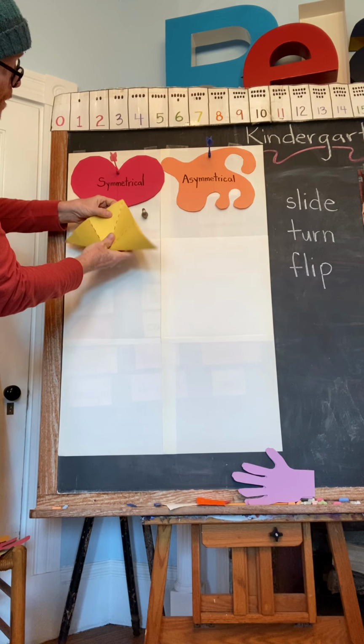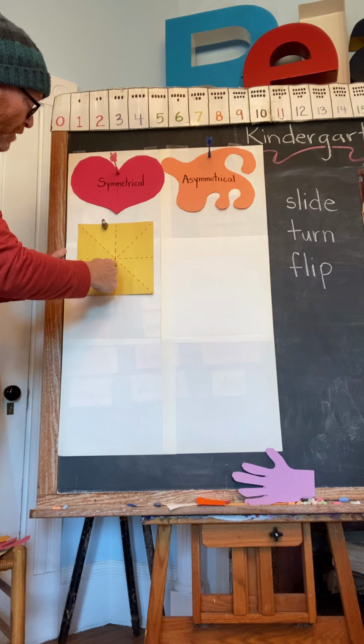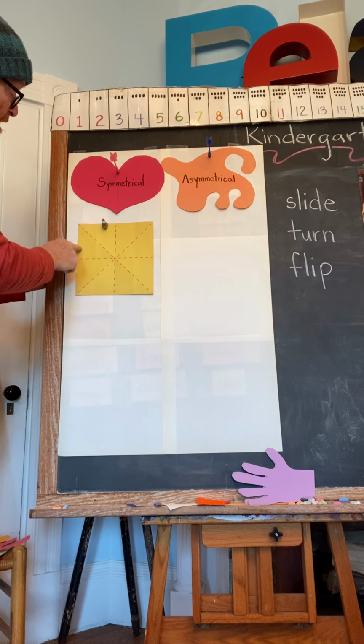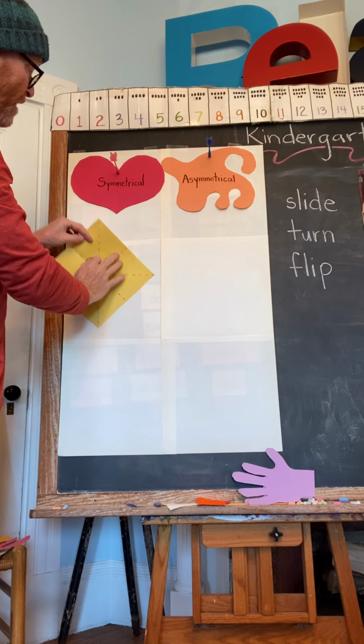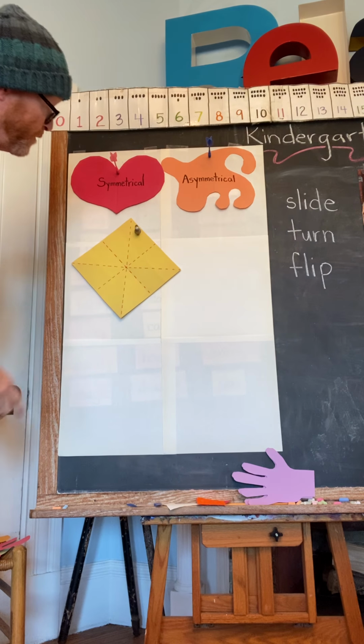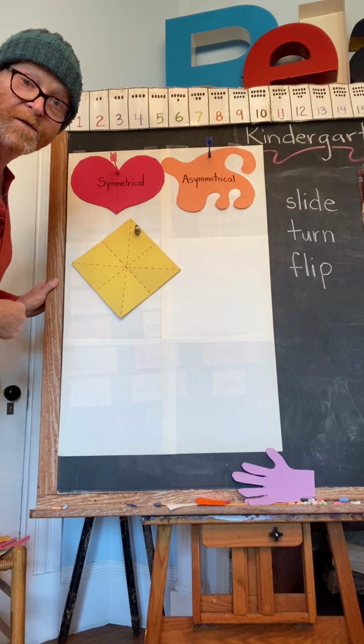So the square has 4 different lines of symmetry. It has a vertical line, a horizontal line, and two diagonal lines going from corner to corner. Even when you turn the shape this way, it still has 4 lines of symmetry, from edge to edge and from corner to corner.